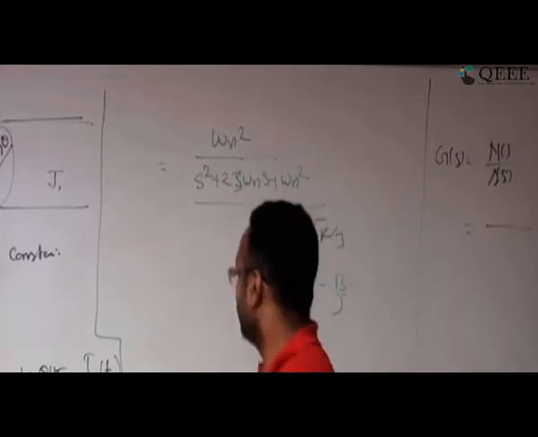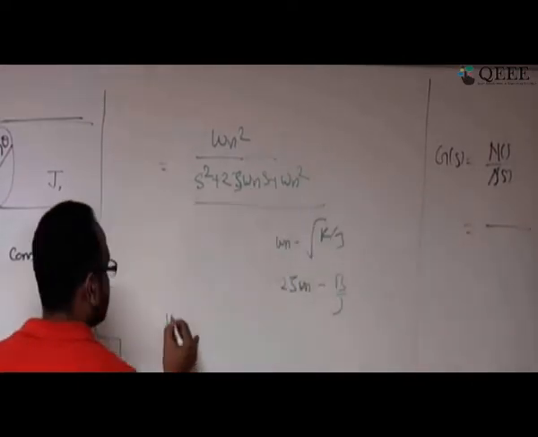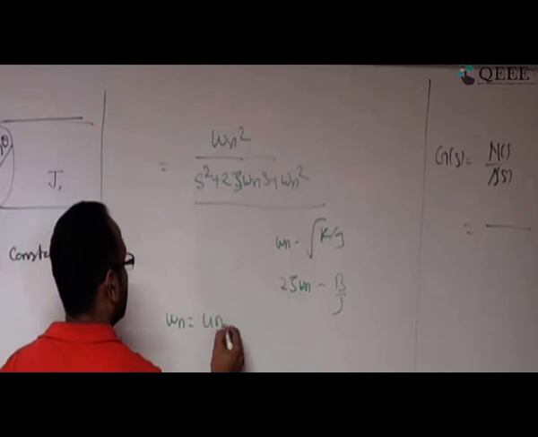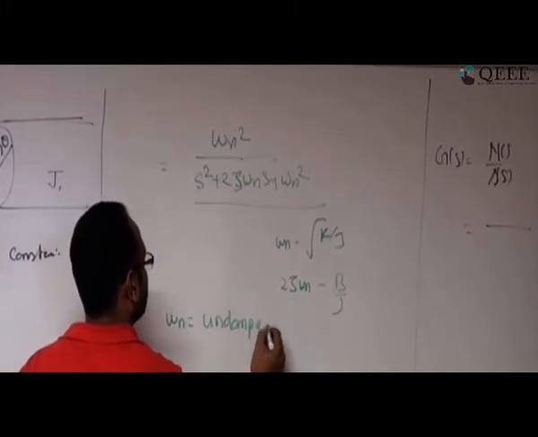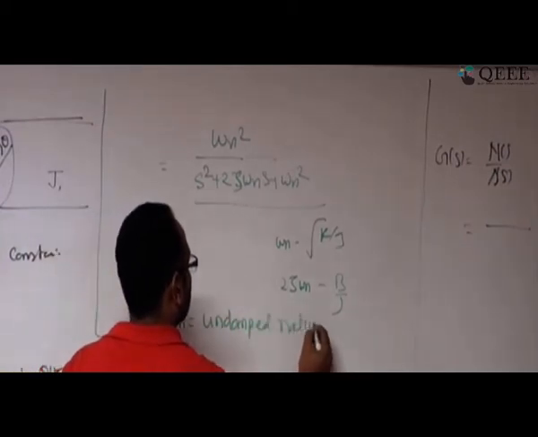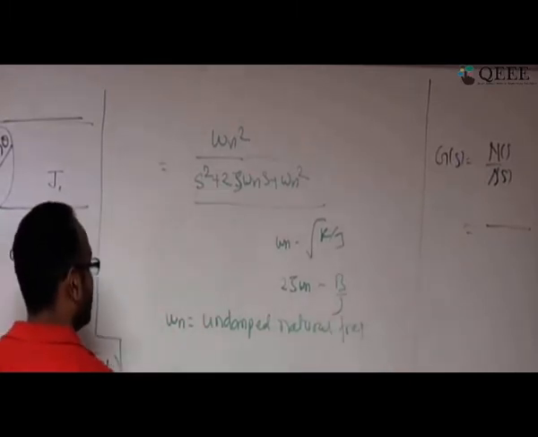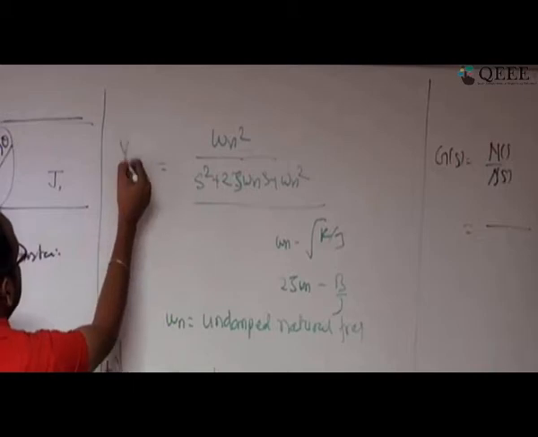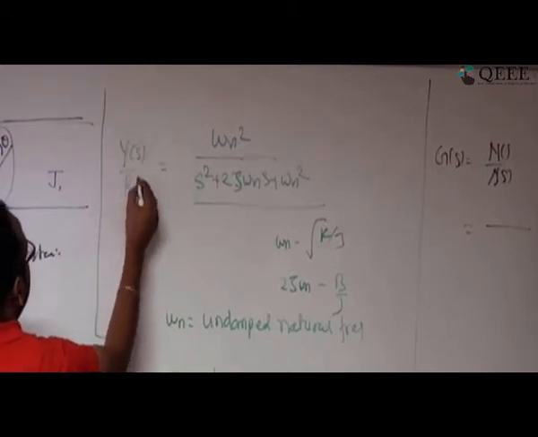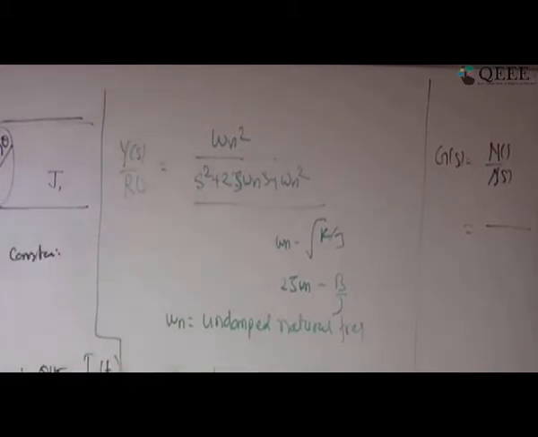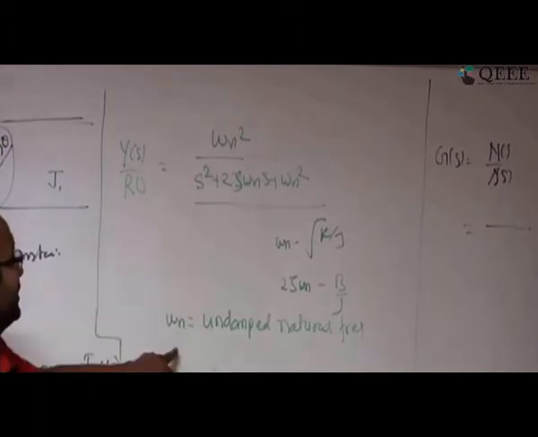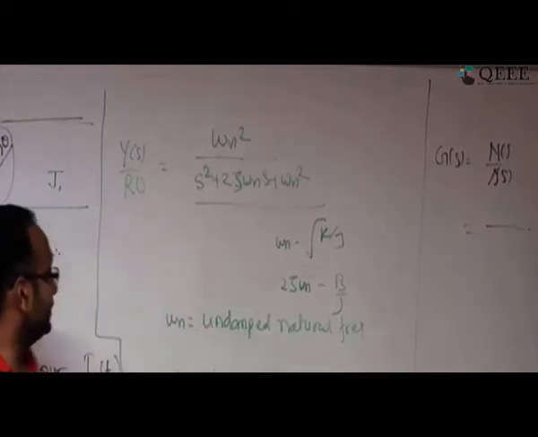One more thing is this omega n is called the undamped natural frequency, and this zeta is called the damping factor. This is my output divided by input.